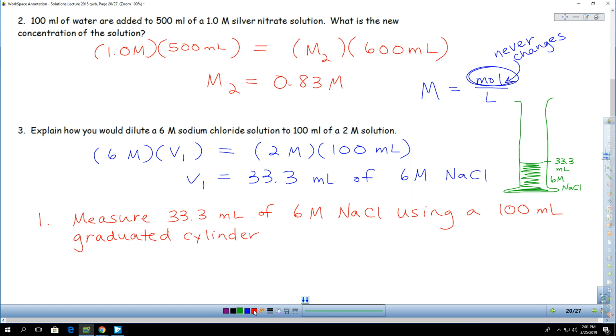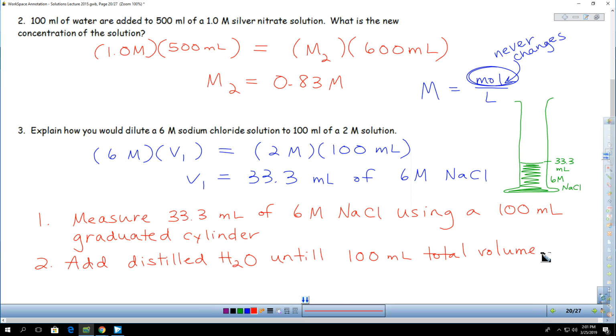In step 2, we're just going to add distilled water until my desired volume. Here I want 100 milliliters total volume. And then obviously we would stir, somehow mix the two.